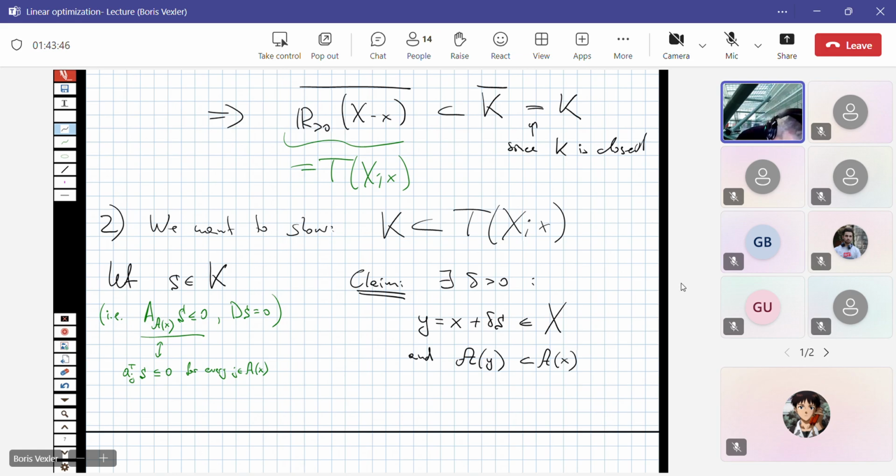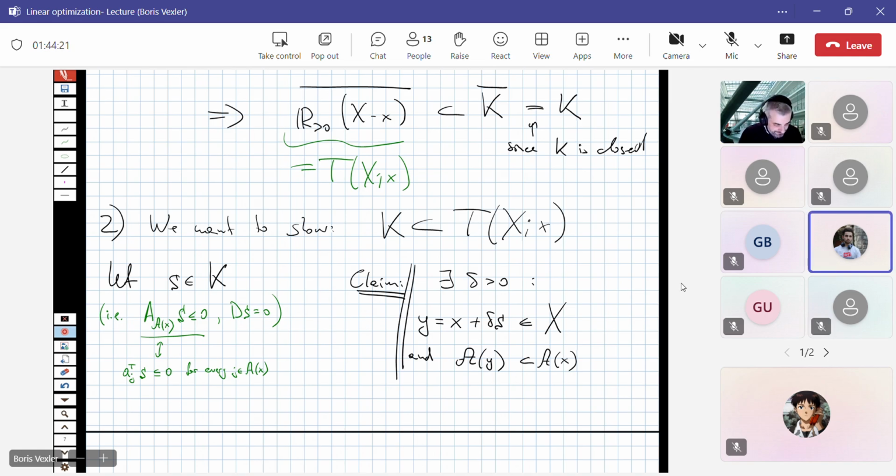I will prove this claim now, and you will see in a moment that from this claim we will immediately see that s is an element of the tangential cone. You will be able to write s as y minus x times 1 over delta, and therefore you will see exactly what you want.